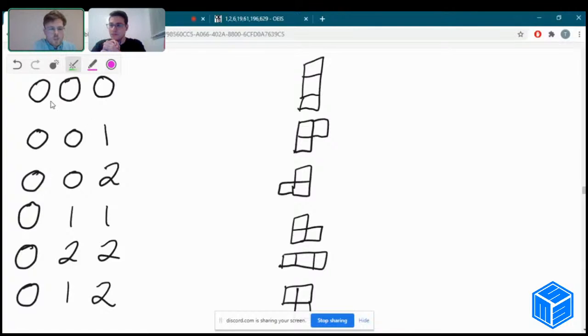So if you think of 0, 0, 0, that total is 0 mod n. 0, 0, 1 has 1 and 0, 0, 2 has 2. 0, 1, 1 exists in the same group as 0, 0, 2 because the sum is the same mod 3. And 0, 2, 2 exists with 0, 0, 1 because 4 mod 3 is equal to 1 mod 3.